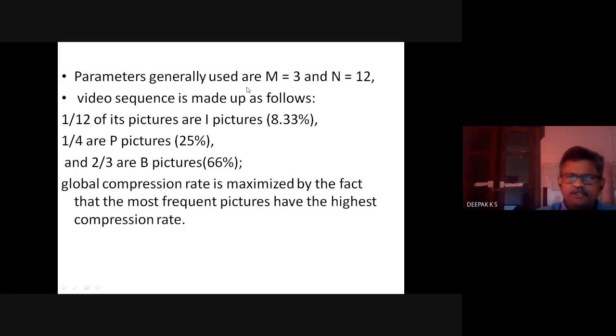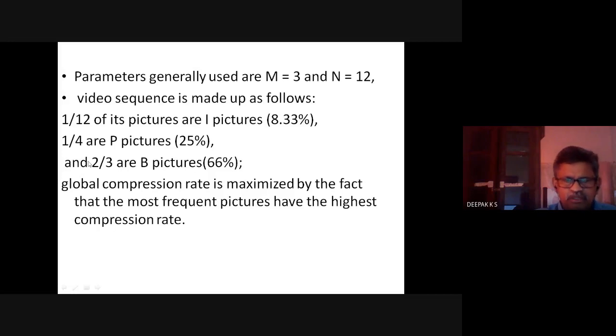And normally a video sequence is made up as follows. 1/12 of the pictures are I pictures, so 8.33%. 1/4 are P pictures, 25%, and 2/3 are B pictures, 66%. So this is a general combination of pictures. And global compression rate is maximized by the fact that the most frequent pictures have the highest compression rate.